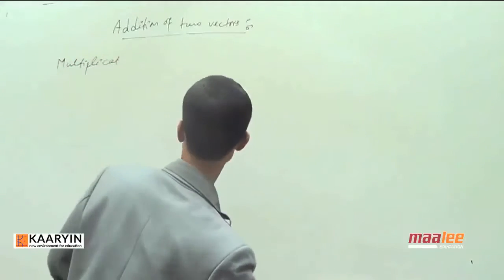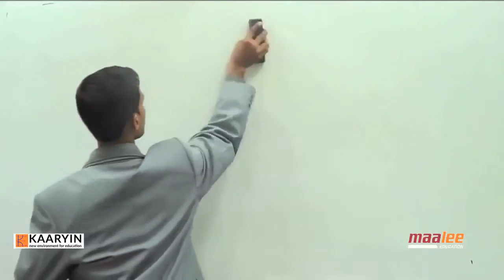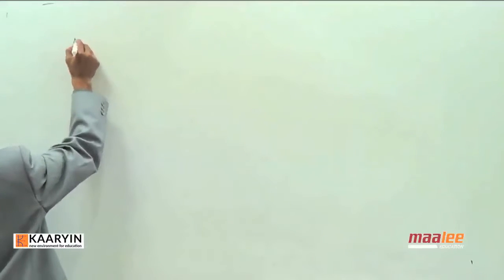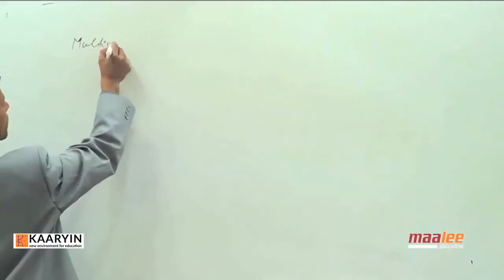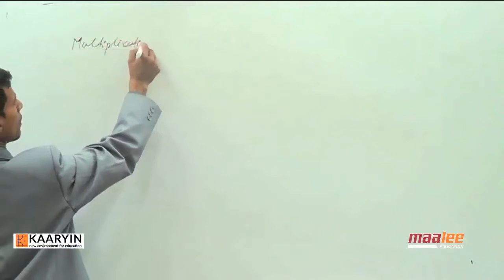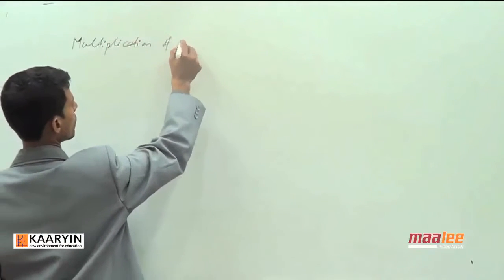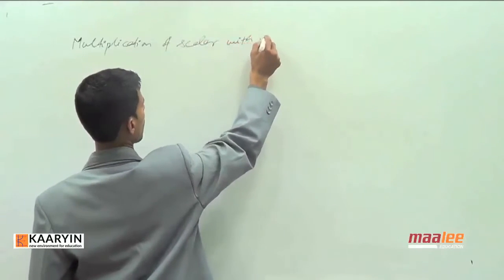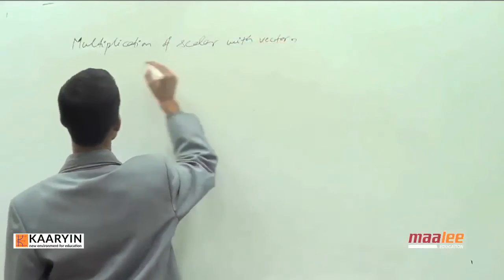Now we talk about the multiplication. What is the meaning of multiplication of a scalar, or you can say some number, with a vector?